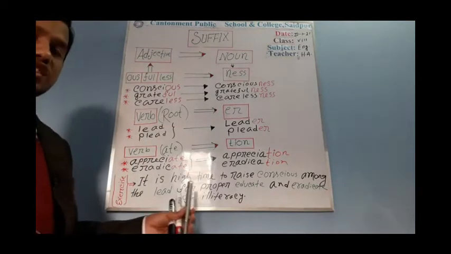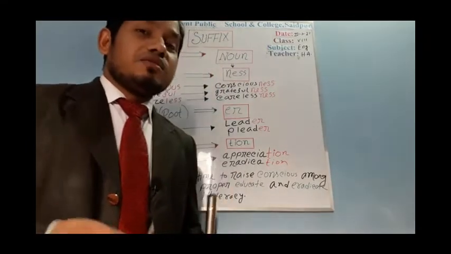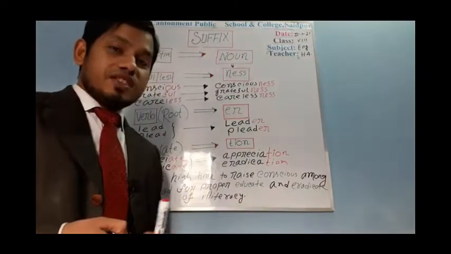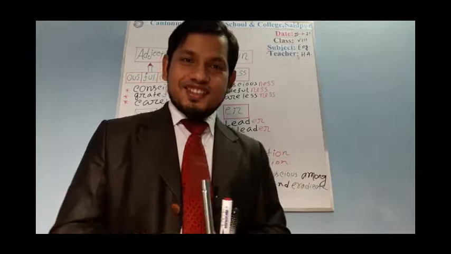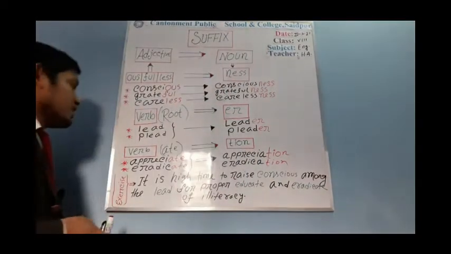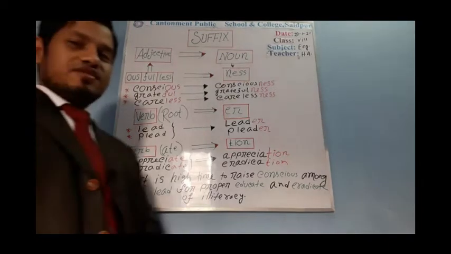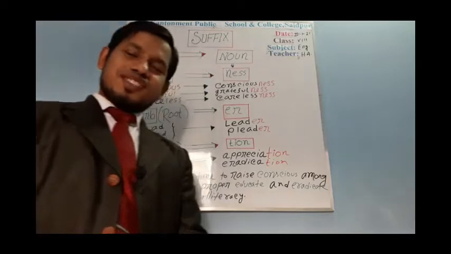Okay, learners, next one is verb, root word. There are a lot of words in English which can become a noun by adding er. Drive, driver, pull, puller, cry, crier. Lead, leader, plead, pleader. Play, player. A huge number of words in English.